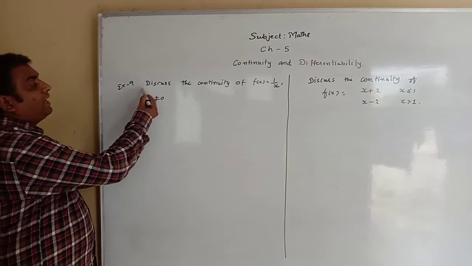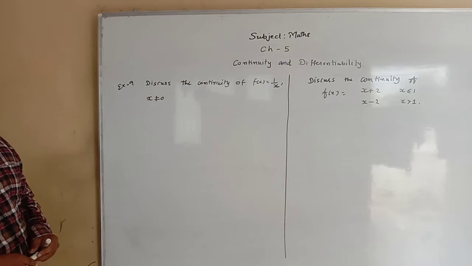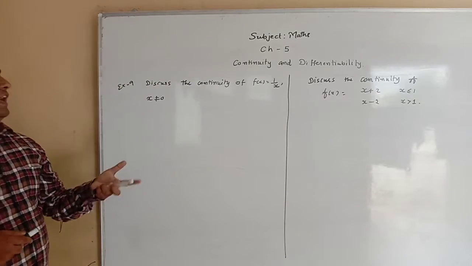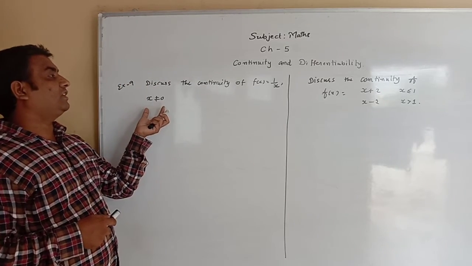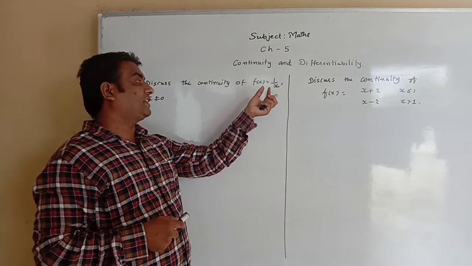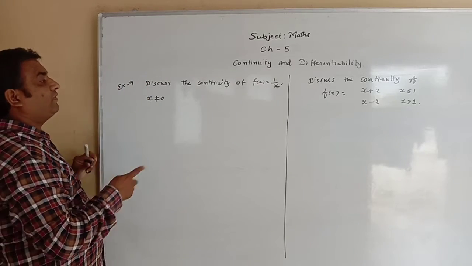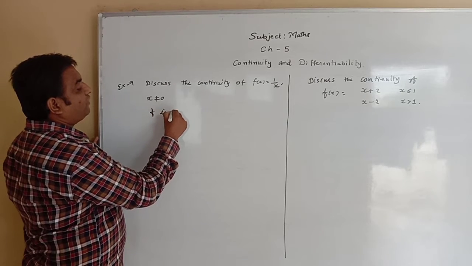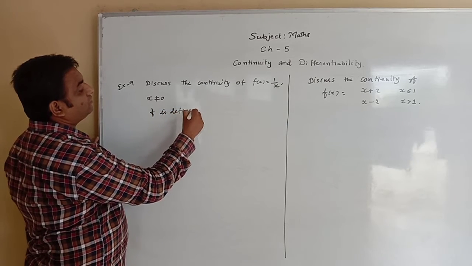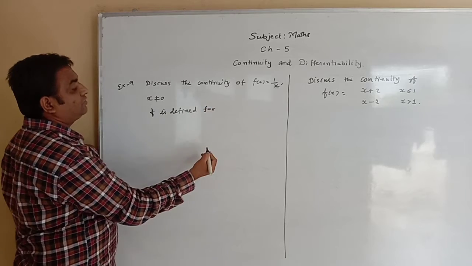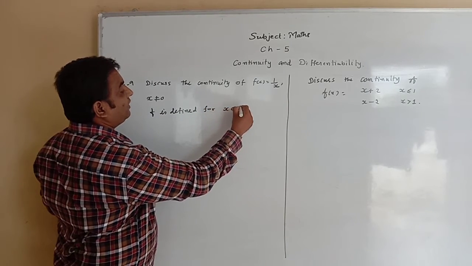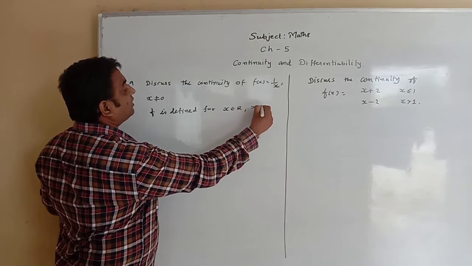Now here, example 9, we have to discuss the continuity of f(x) equals 1 by x, where x is not equal to 0. So here x is not equal to 0 is given, so for other values of x except 0, f(x) is valid, and so we can write that f is defined for every x belongs to R where x is not equal to 0.